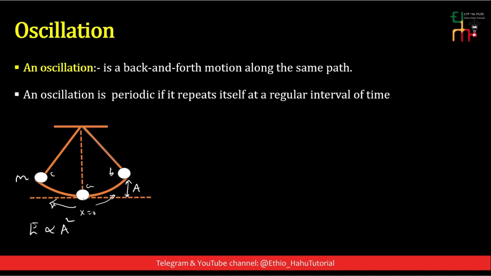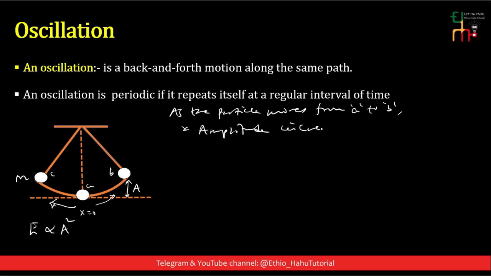Therefore, as it moves from the lowest point to the highest point, the amplitude increases and its gravitational potential energy increases, whereas its kinetic energy gets smaller and smaller. As the particle moves from A to B, the amplitude increases, meaning gravitational potential energy increases, whereas the speed decreases.